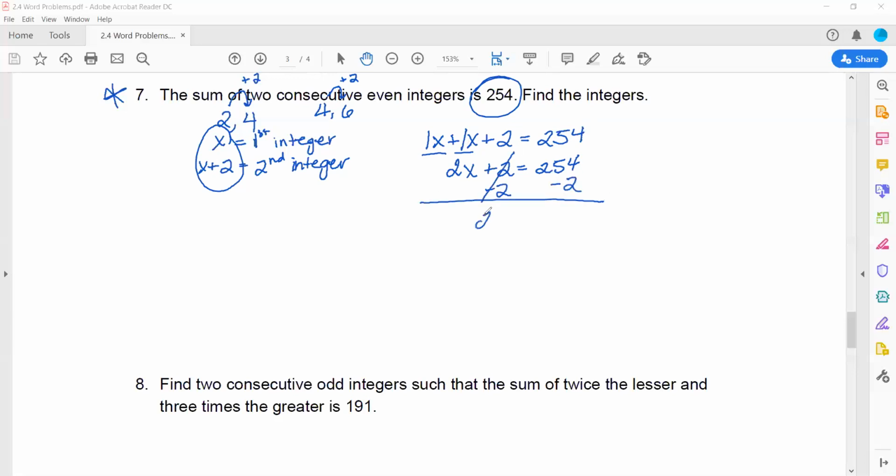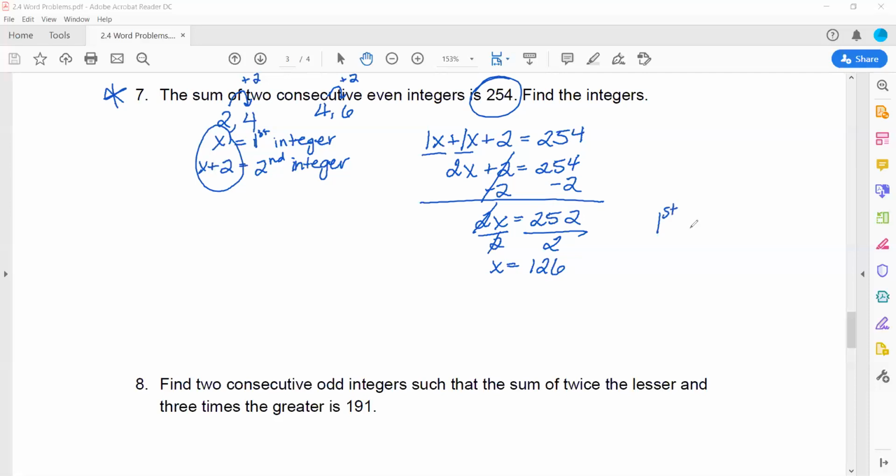We get 2x equals 252. And divide both sides by 2. Half of 252: half of 200 is 100, half of 50 is 25, so we have 125, plus 1 more for half of 2, so 126.